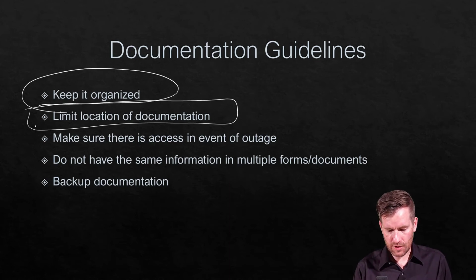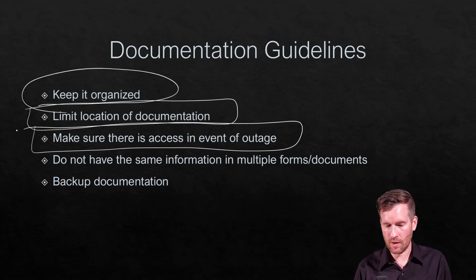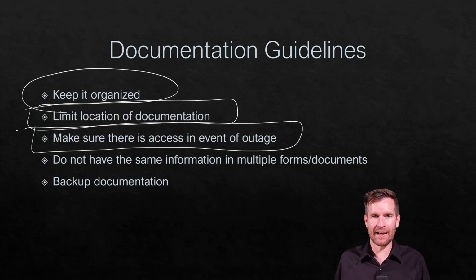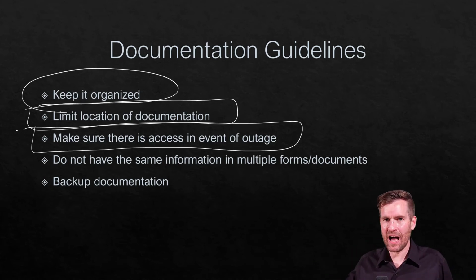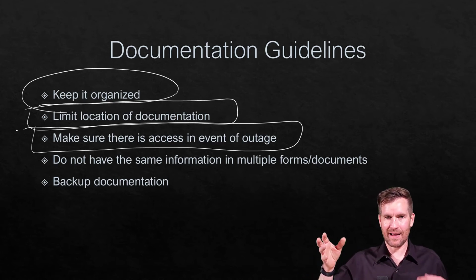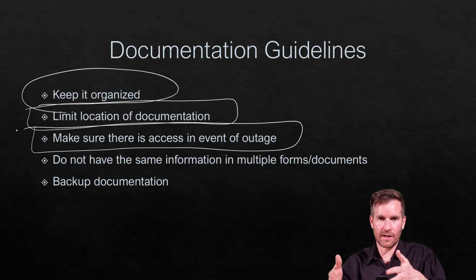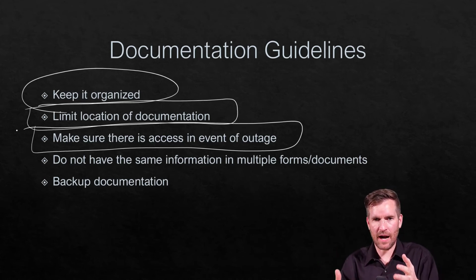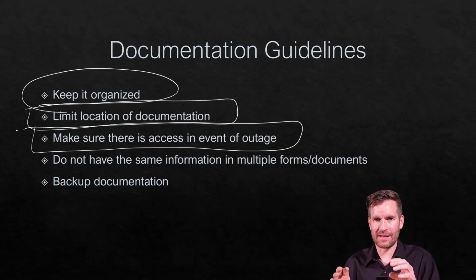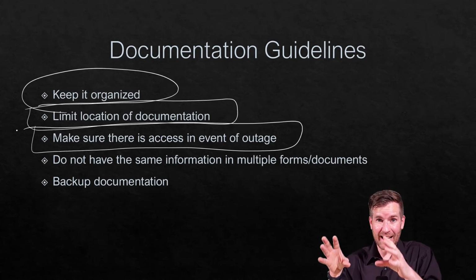Make sure that you have access to that documentation in the case of an outage. There are times when I've had documentation on the hardware, like maybe it's on virtual hardware, operating in a virtual machine cluster, and then I lose access to it.